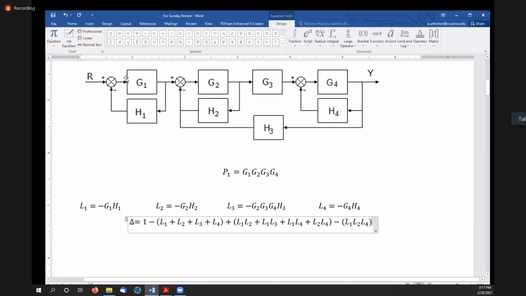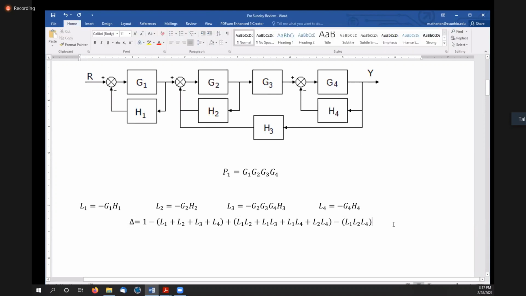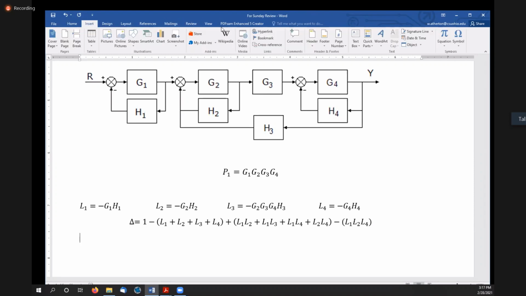I think that's it. Loop 1, loop 2, loop 4, the only triple that doesn't touch each other.